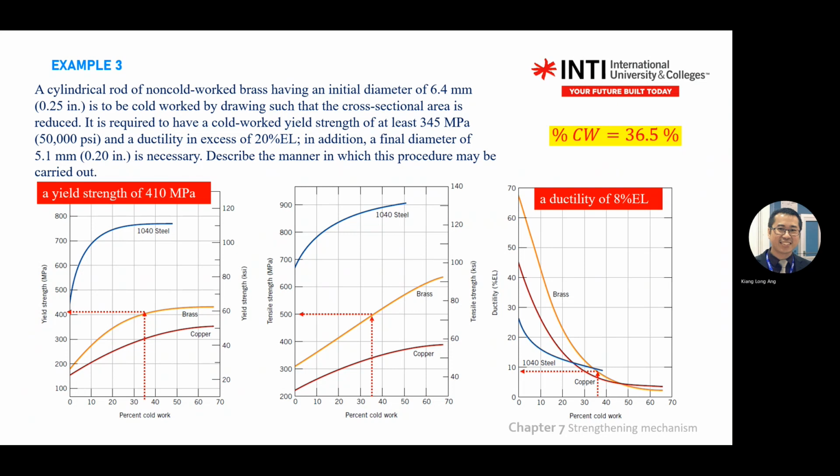From here to here is 36.5% cold work. But if you do this process, your yield strength passes but ductility fails. How do you change the process so that you meet the customer requirement? The customer only looks at this end product. He doesn't care what happened before. So how do you do it?